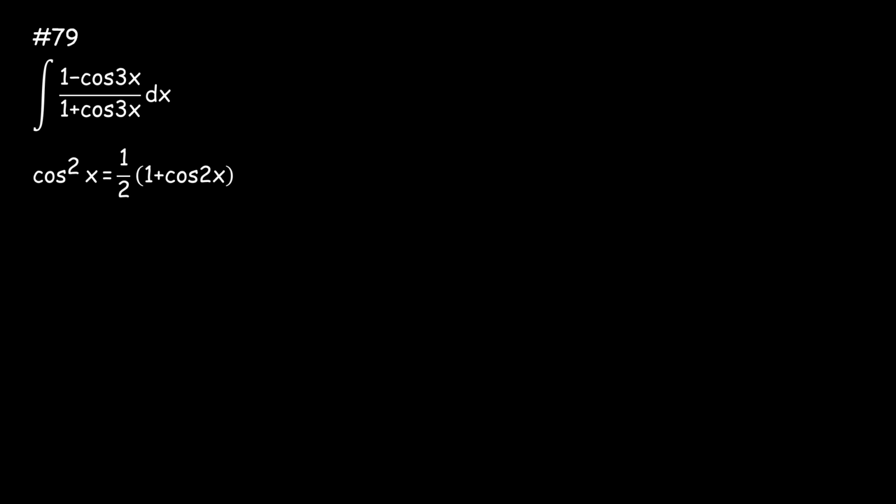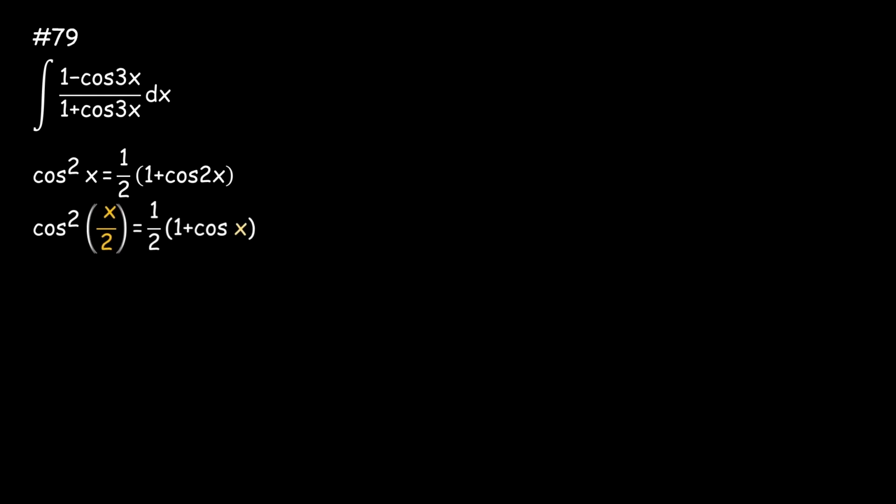Okay, let's first of all try to get the identity for just cos x, right? So it means we're actually dividing by 2. So cos squared x over 2 will be equal to half times 1 plus cos x.